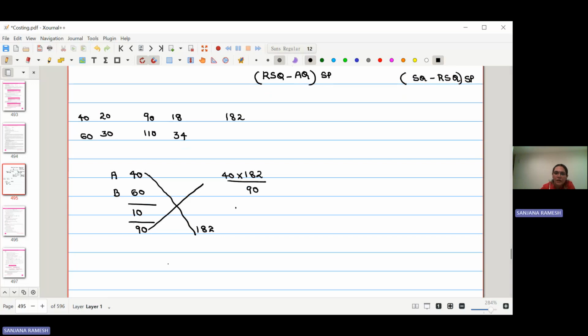And for B, it will be 60 into 182 by 90.